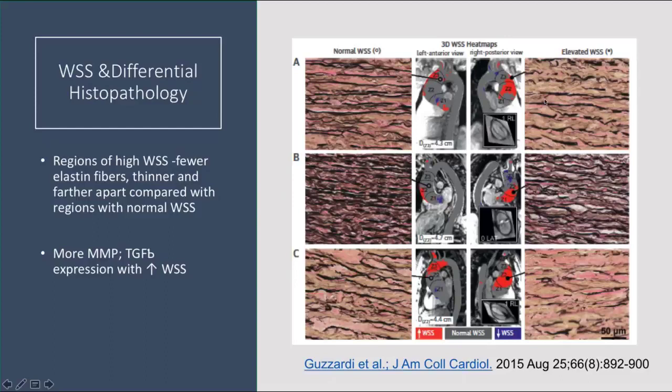They were further apart than those in the areas with normal wall shear stress. And what they also found at a molecular level is that there was increased expression of MMPs as well as TGF-beta in the areas with elevated wall shear stress compared to normal wall shear stress. So again, it seemed like hemodynamics could not only explain the aortopathy phenotypes, but it also could explain the differential molecular findings that we find in BAV.